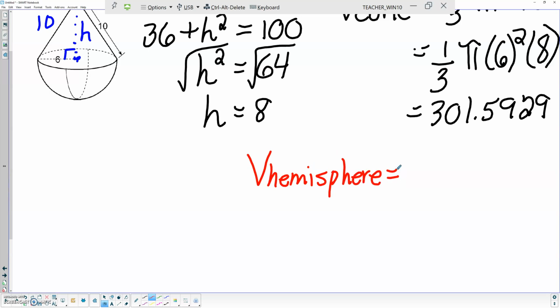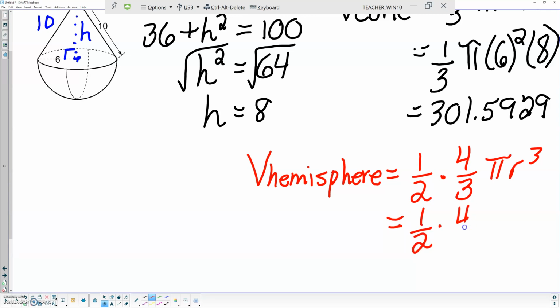The formula for volume of a sphere is 4/3 pi r cubed, and since we have a hemisphere, I'm just going to stick a 1/2 in front. So this is going to be 1/2 times 4/3 times pi times 6 cubed.